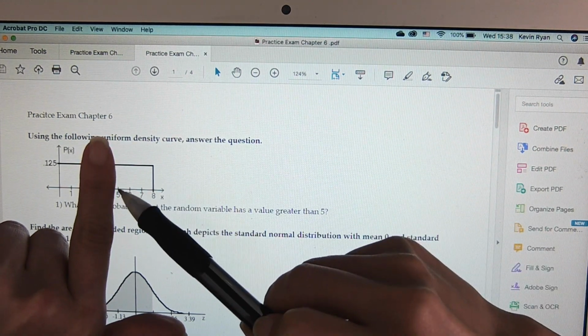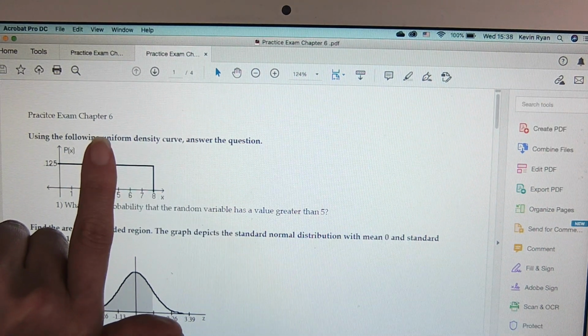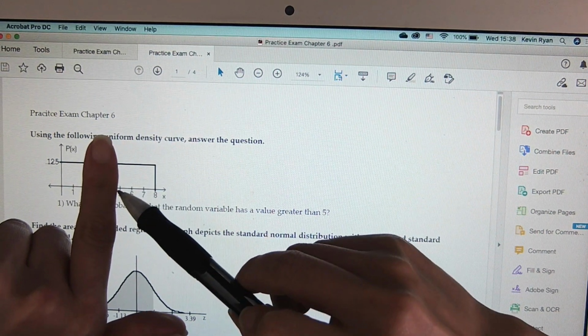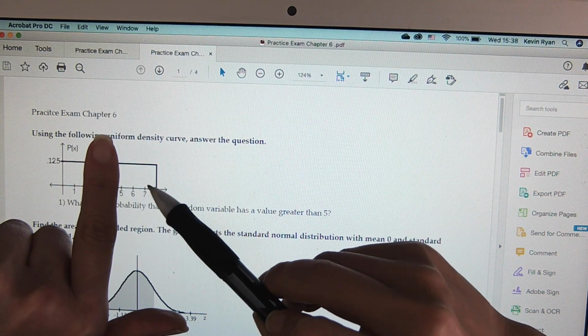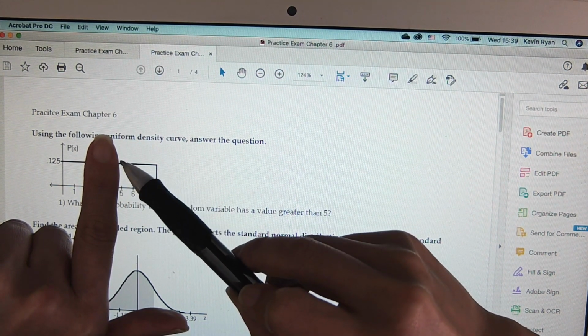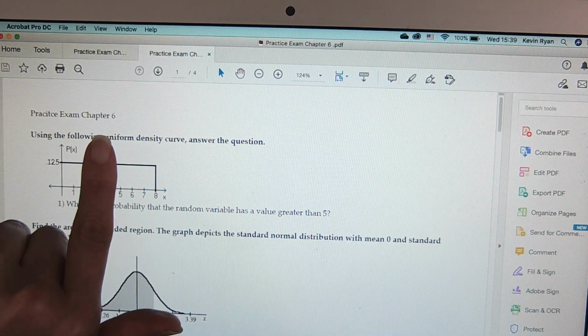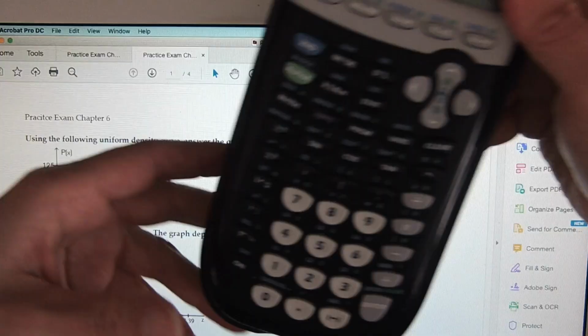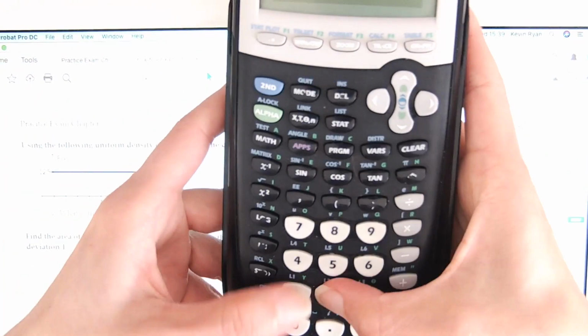So the area is just length times width because it's rectangular. What's the length here? 1, 2, 3. Length is 3, times what's my height here? 125. So the answer is 3 times 125.